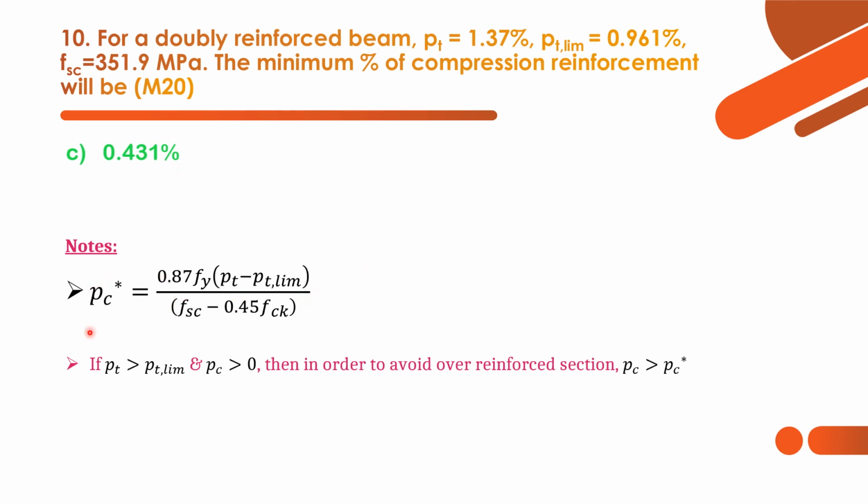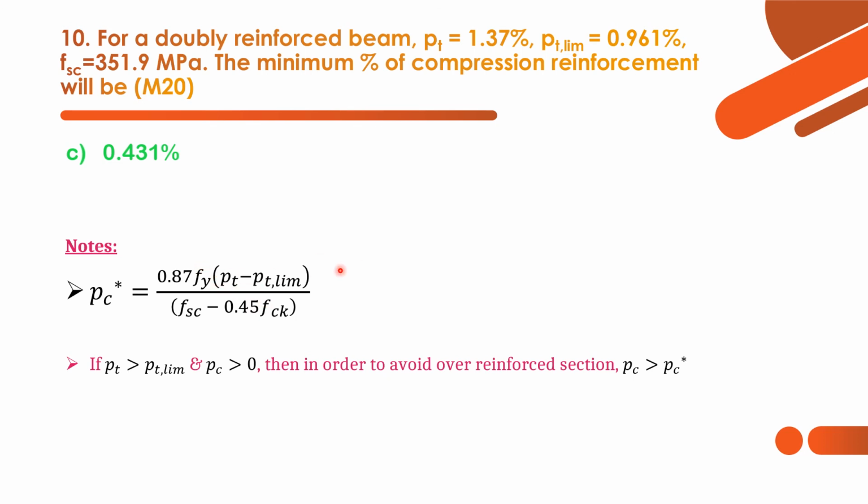What is the formula? Here you can see pc star, that is the minimum percentage of compression reinforcement, that is the limiting value of compression reinforcement, as we have already seen for the tensile reinforcement. Similar to that, we shall see for compression reinforcement now. That is equal to 0.87 fy into pt minus pt limit divided by fsc minus 0.45 fck.